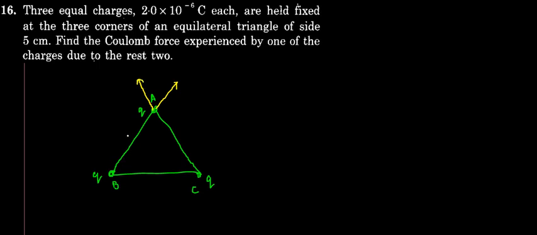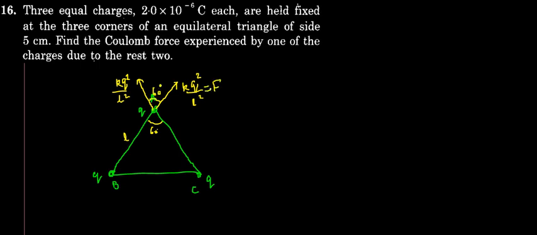Since the distance is the same, this force is simply KQ squared divided by L squared, assuming the side length of the equilateral triangle is L. This force is also equal to KQ squared by L squared. The angle between these 2 forces is 60 degrees.